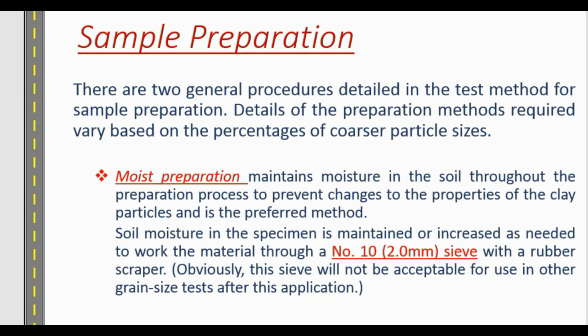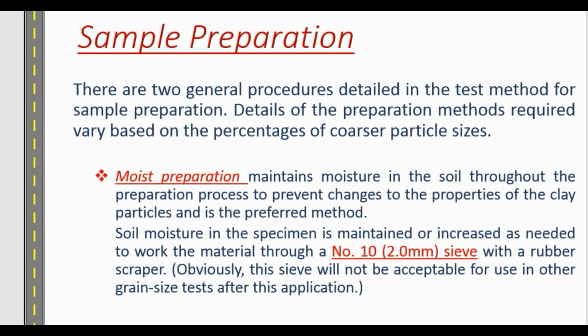This is sample preparation. How we prepare our soil specimen for the hydrometer test. There are two methods for preparation of the soil specimen. First is moist preparation and second is dry preparation. Normally moist preparation is the referee method and the preferred method.